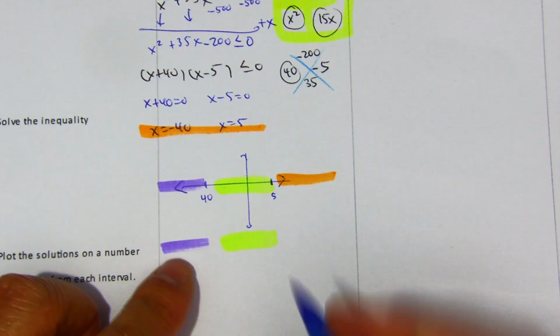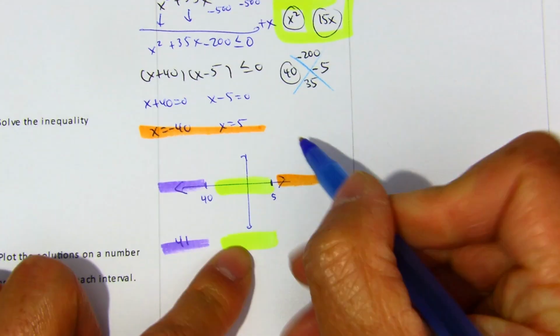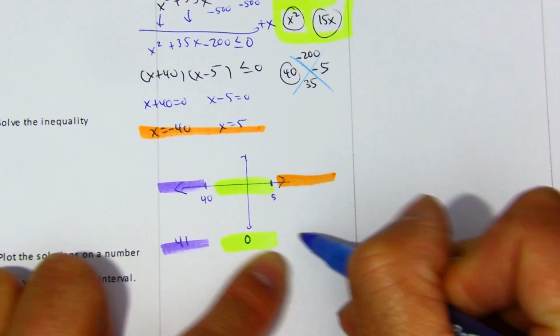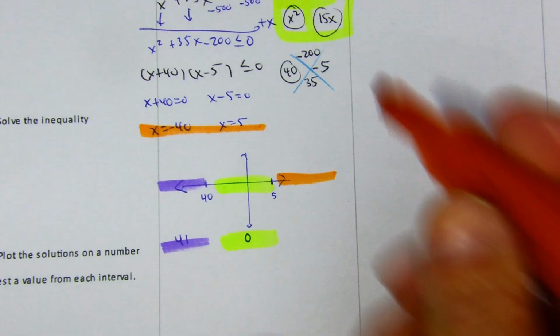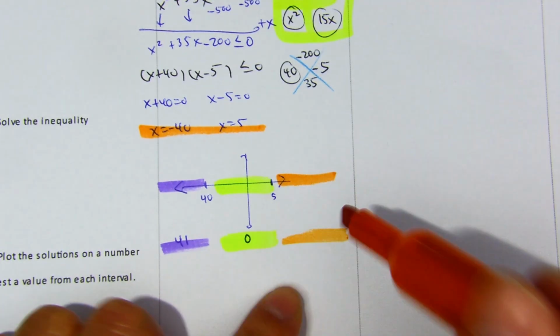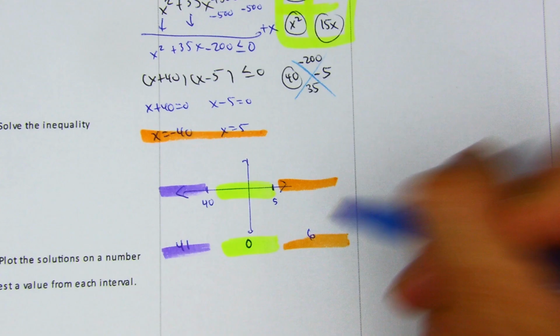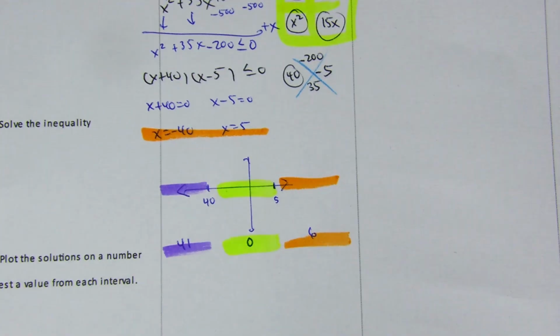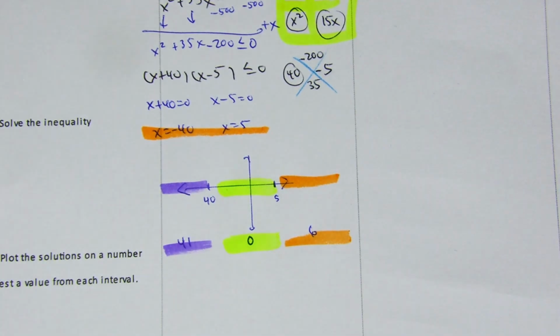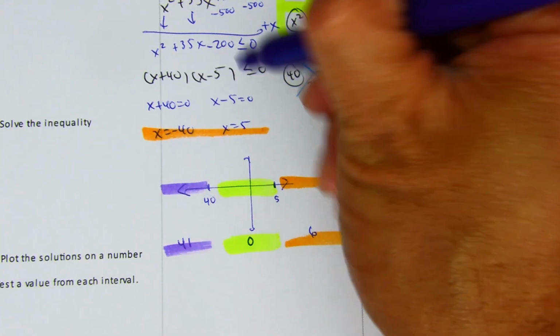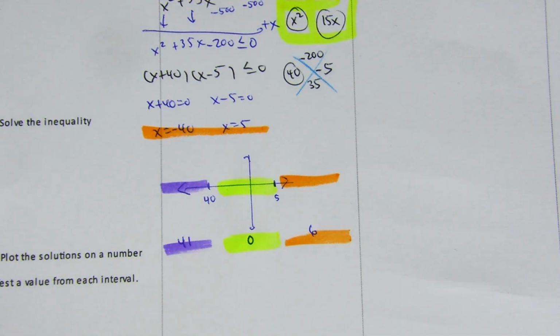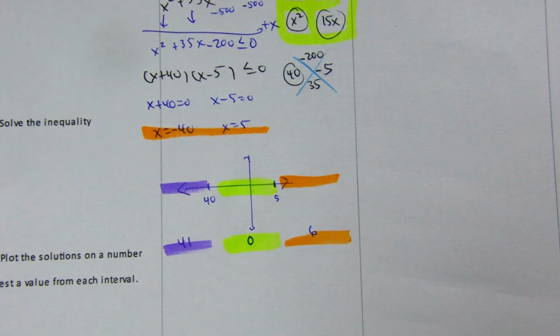So say you pick negative 41. I'm going to pick 0. And then orange, I'm probably going to pick 6. And then when I put in the number, I am testing it with, is it less than or equal to 0?